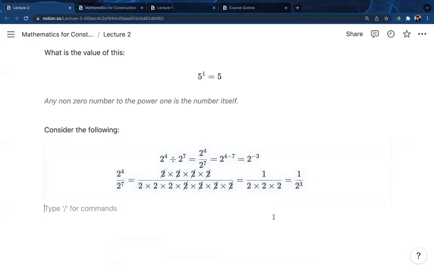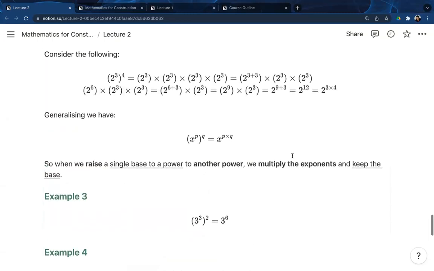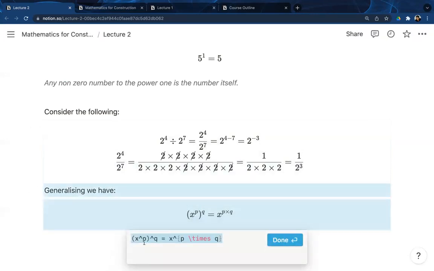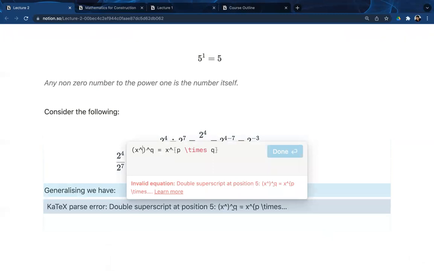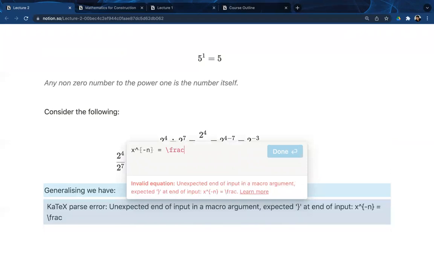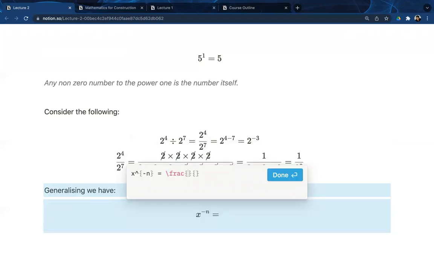So we could summarize, generalizing what we could say here: x to the power minus n is a fraction, 1 over x to the power n.